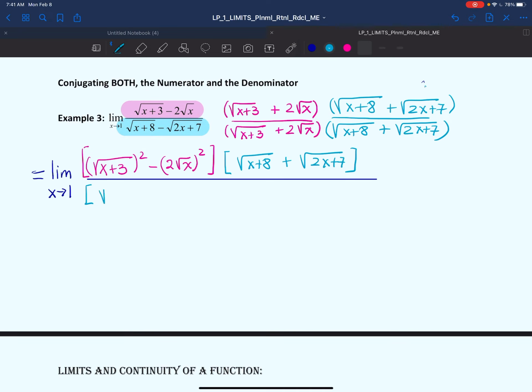So that would be root of x plus 8 squared minus root of 2x plus 7 squared. And then multiplied by the other conjugate. So root of x plus 3 plus 2 root x.